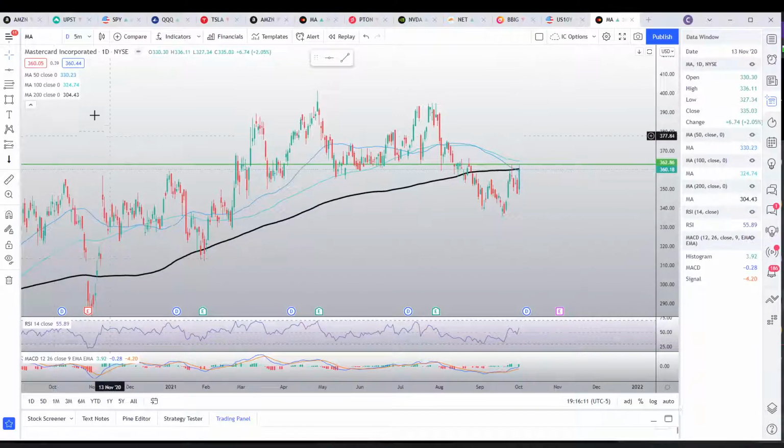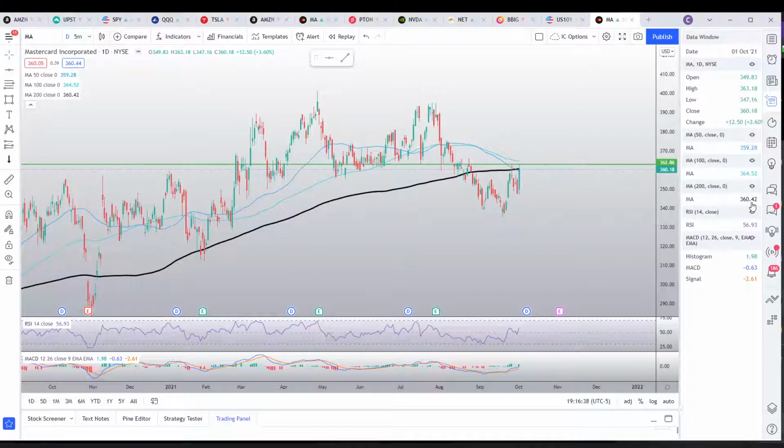You can also look at it over here on your left top. These are your EMAs, but I like to look at it over here. They show you all in line, the MACD, histogram, etc., the open, high, low, 52-week low, and all that. So your Mastercard 200 moving average is at 360.42.